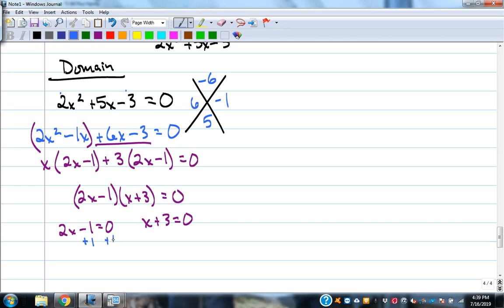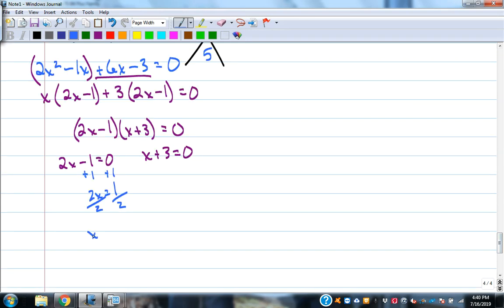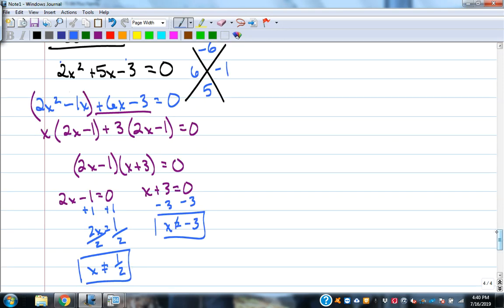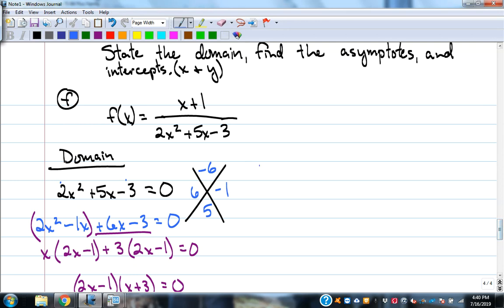Plus 1, divide by 2, get 1/2. So x can't be 1/2. And then I'm going to subtract 3, negative 3. So x can't be negative 3, x can't be 1/2. So my domain is all x's if x does not equal negative 3 or 1/2.